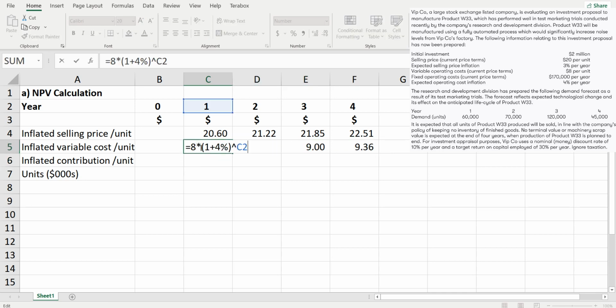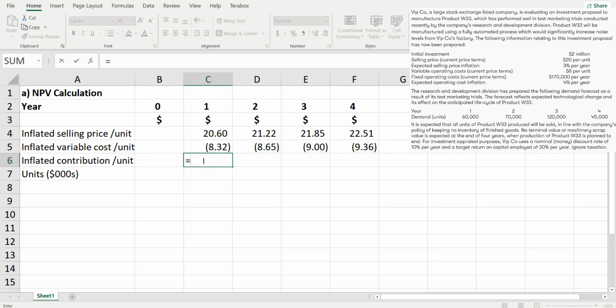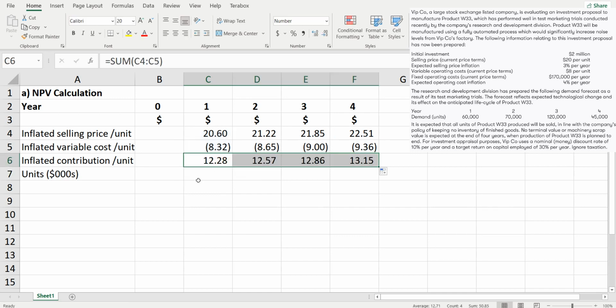This is variable cost, so you have to put minus in front of it, so you can do the contribution. Fairly simple sum. Okay, we have inflated contribution per unit, and let's do the units.